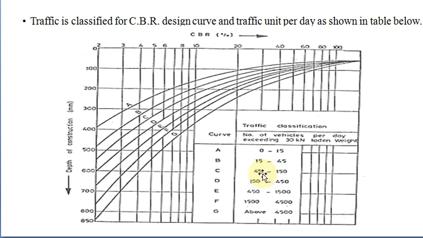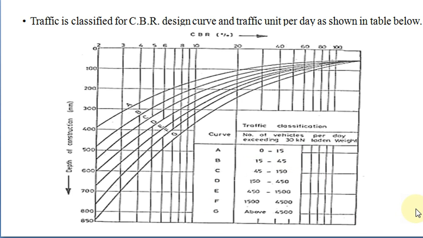If you see here, we have the traffic classification of the different curves with respect to the number of vehicles per day exceeding 30 kilonewton laden weights. For the graph A, it is within the range of 0 to 15 vehicles.